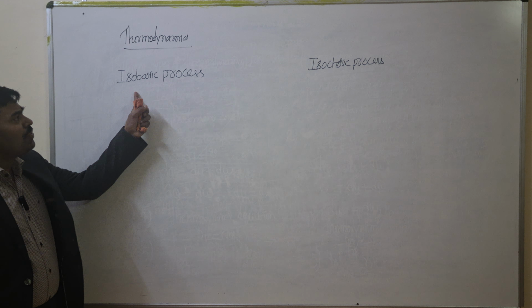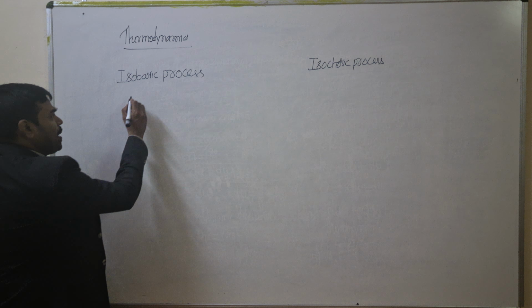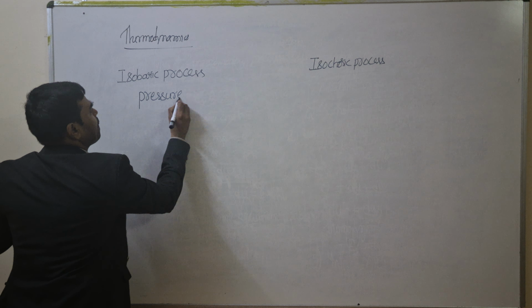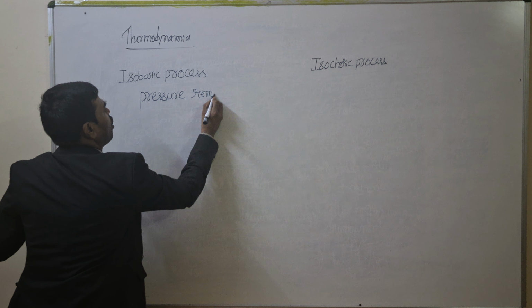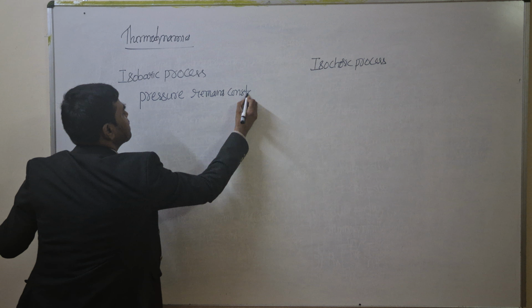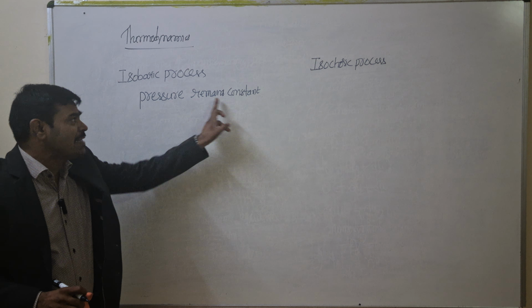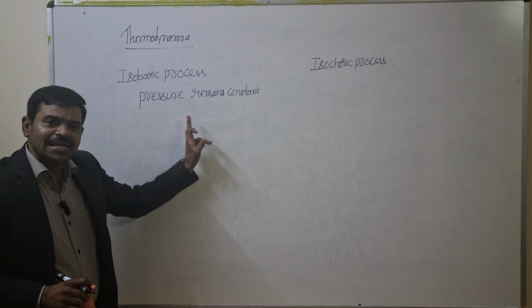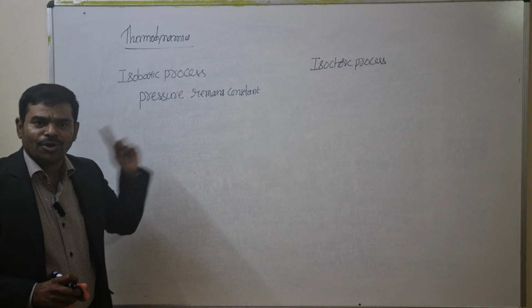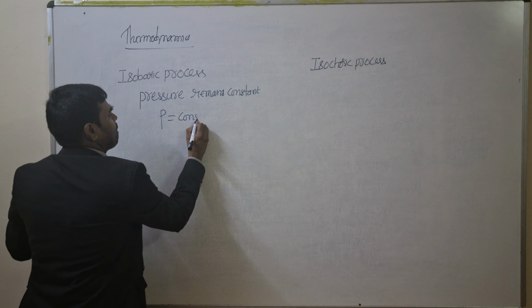In an isobaric process, pressure remains constant between system and surroundings. That is, P is equal to constant.